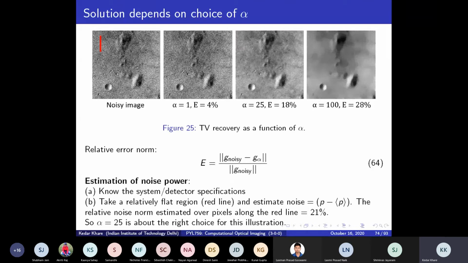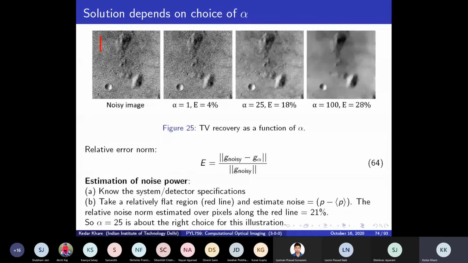One way is that you know the system specifications physically and you can estimate the noise from there. But in this case, I just took this picture from somewhere and I don't really have knowledge about what camera was used and things like that.